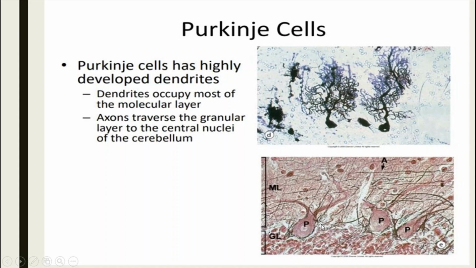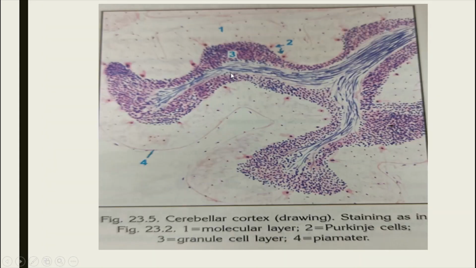Through the granular layer, the axon traverses towards the inner core of white matter, and within the white matter it reaches the intracerebellar nuclei. So this is the diagram of how we can draw the cerebellum.